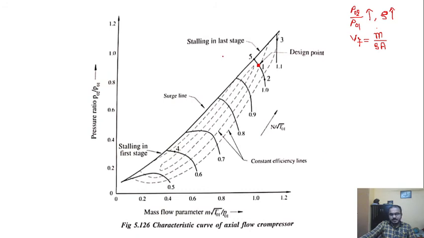This will result in increased incidence angle, and this will give us stalling in the later stages. To repeat this part, the velocity of flow will reduce, and this will give us positive incidence, and it will yield the stalling phenomenon in the later stages.